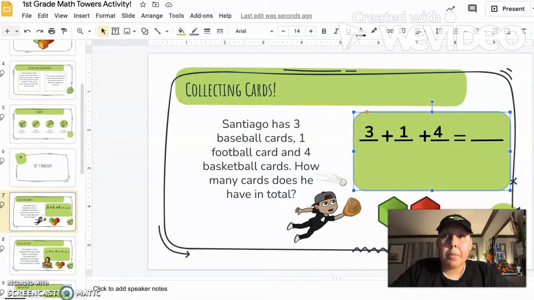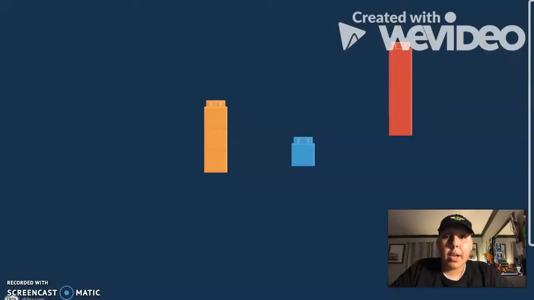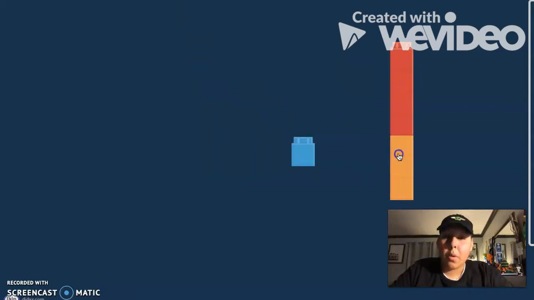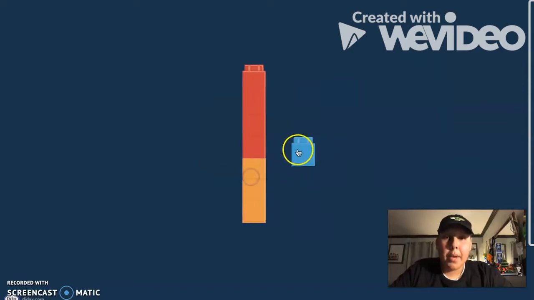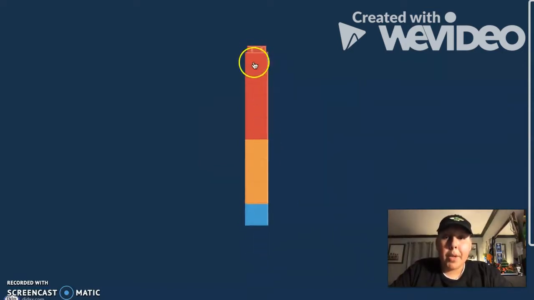So now, as we practiced earlier, 3 plus 1 plus 4. So you're going to go ahead and put the 3 underneath the 4, or it can go on top, either way, and the 1. So now that we have all of our different colors representing our different numbers, we're going to count.